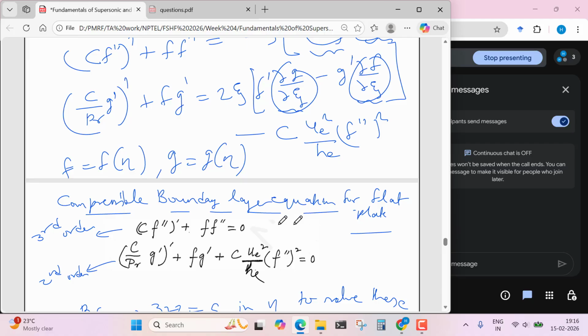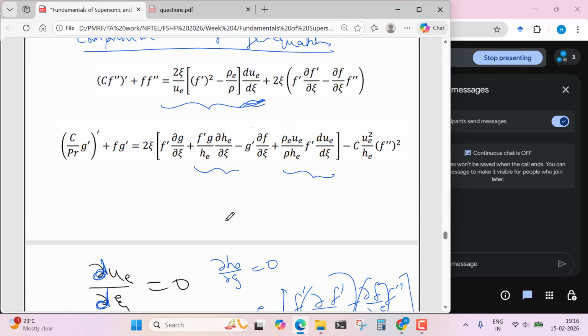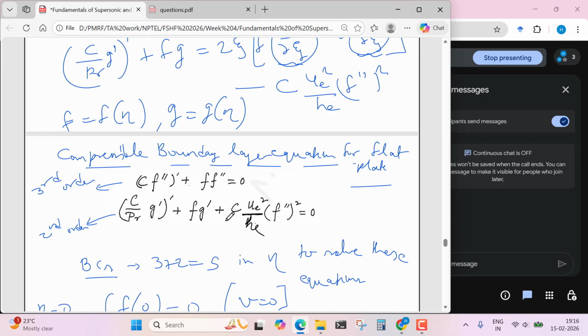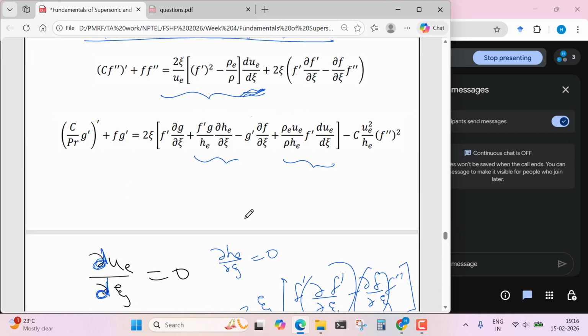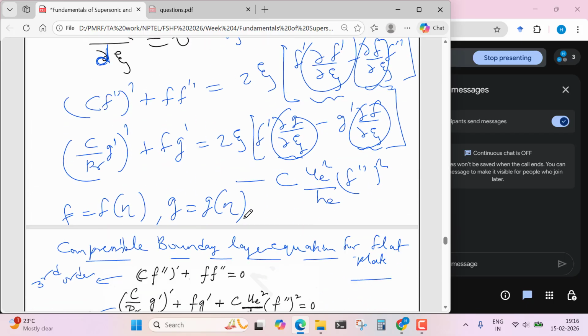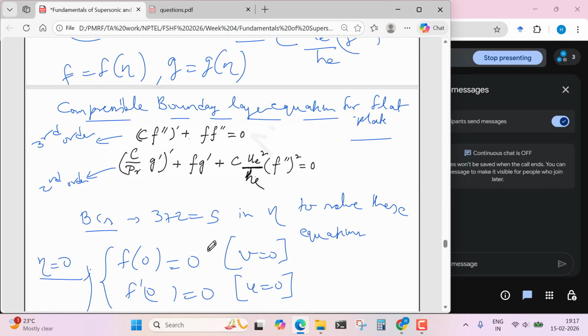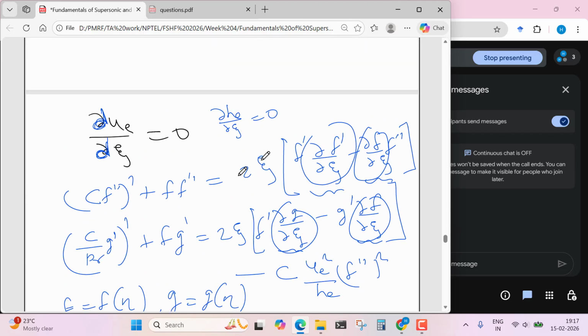And in the case of the flat plate, this equation will convert into a function of η only. If you see here, in this equation the derivative with respect to ξ exists, and this f' and g' are nothing but derivatives with respect to η.